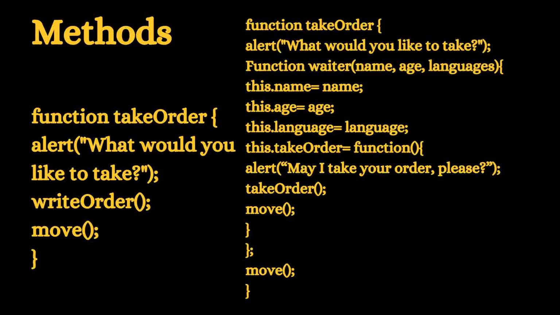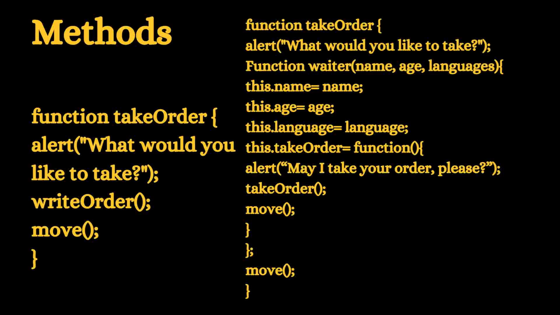But in our previous syntax, if we wanted our object to also have an associated function, all we have to do is provide the name of the function as a new property and then a colon. After the colon, we put an anonymous function, and now our waiter1 has a method, which remember is just a function that's associated with an object.